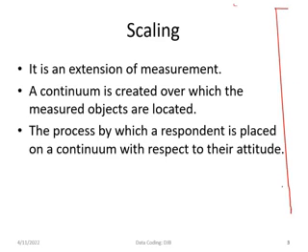It starts with a 0 from here, and goes up to 12 inches. In between there are some marks; for example, 6 will be just in the middle, 3 will be the middle of the first half, and 9 will be exactly in the middle of the second half. So these are the values. Now this continuum is created over which the object to be measured is located. This one-to-one correspondence is created by this continuum, and this continuum is called the scale.